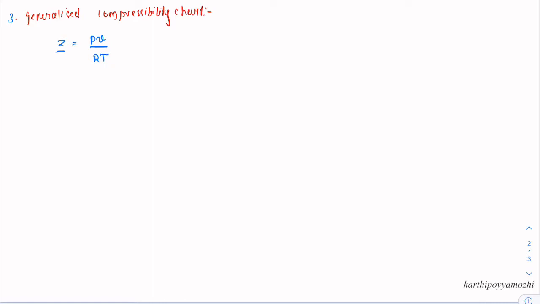The reduced temperature is given by TR is equal to T divided by Tc, that is the temperature divided by critical temperature, and the value is 2.28.